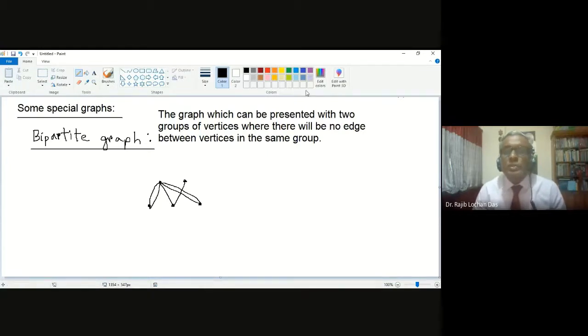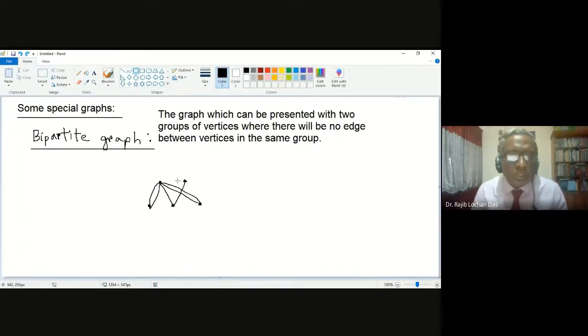If you think about this group, you have no connection in this group. If you think about this group, you have no connection between the points of this group. So that is the condition. But you may have connection with different groups, no problem.